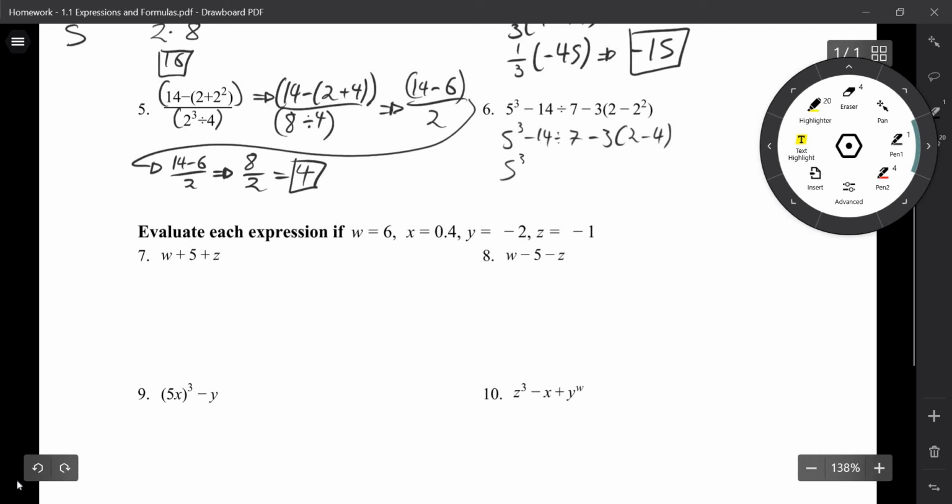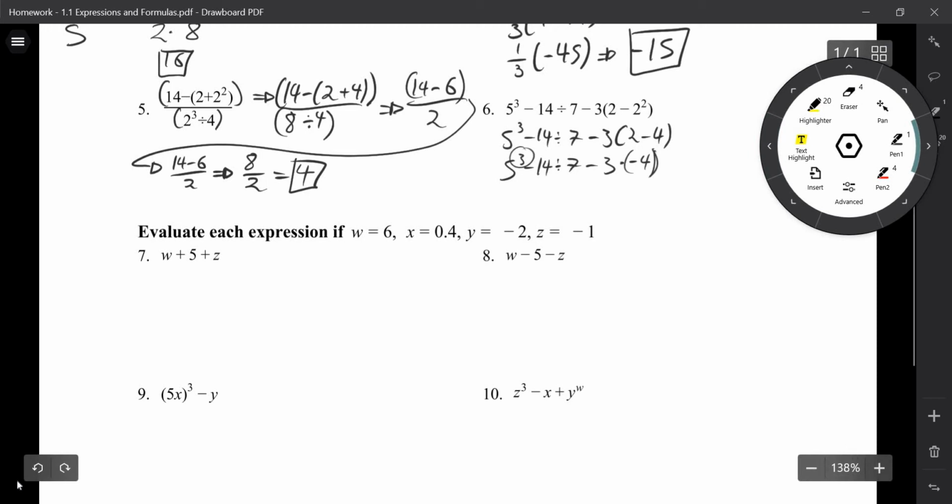Bring everything else down: 5 squared minus 14 divided by 7 minus 3. And 2 minus 4 is going to give us a negative 4. Because we have a single value in this, we can get rid of those for now and multiply. I would actually keep them in the brackets to make sure we remember it's not 3 minus 4, it's 3 times negative 4.